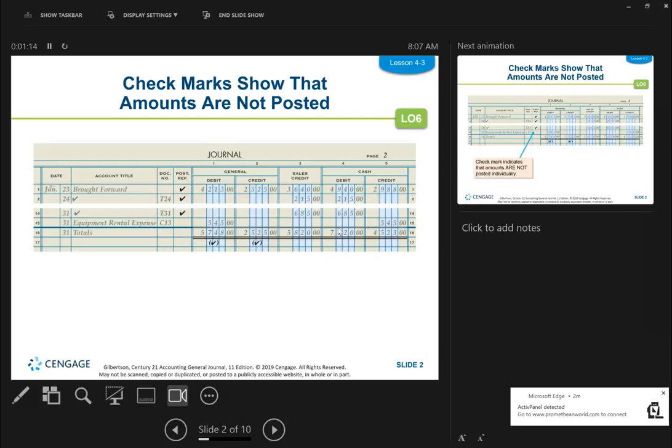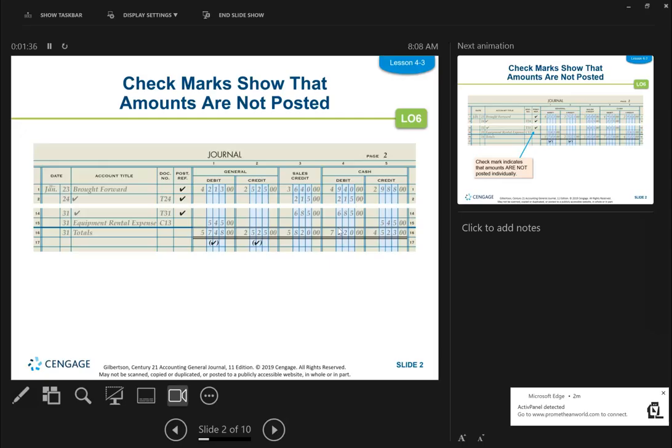Or the general credits and debit totals get a check mark because the general credits and debits are divided up into the respective accounts, and those respective accounts get totaled, but not the total of all general credits and debits.